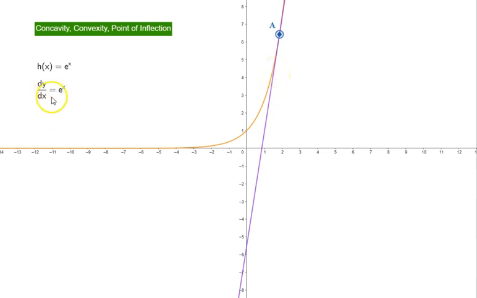And we know that the slope of the tangent is the same as the function itself. So here, as x goes to infinity, e to the power of x also goes to infinity. And if I take the second derivative, that is also e to the power of x. And in this case, it is always greater than 0. That means it is concave upwards.